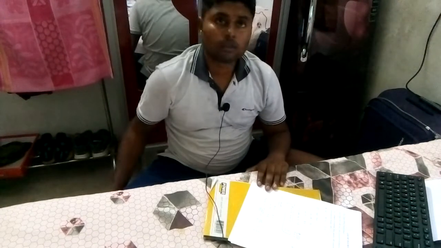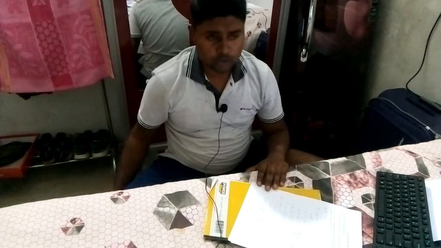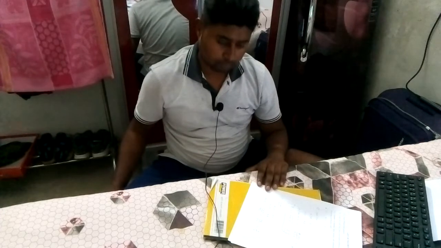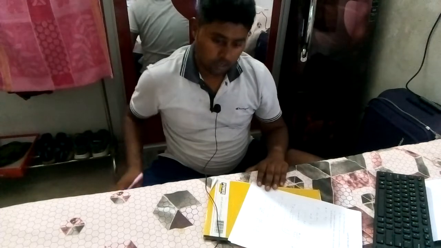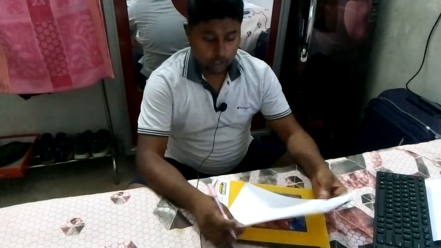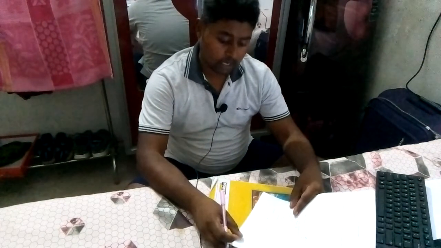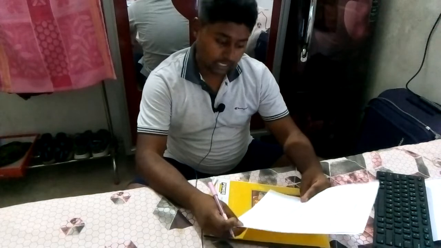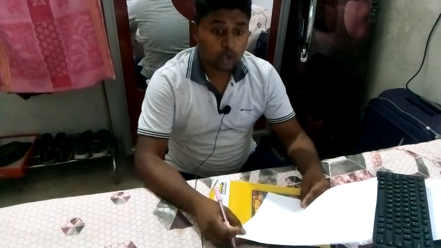So you know that there are 4 suits of 13 cards, out of which 2 suits of 13 cards will be red. In these 2 suits there are 2 kings.